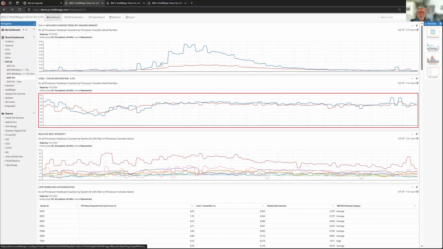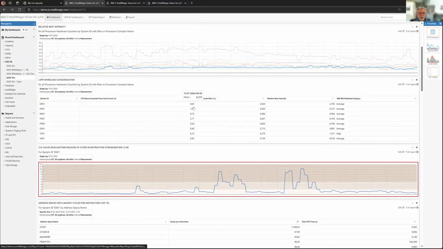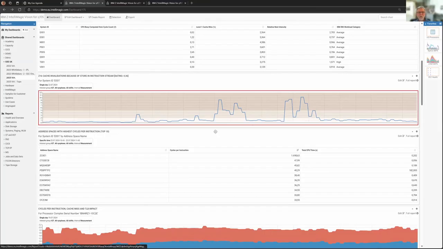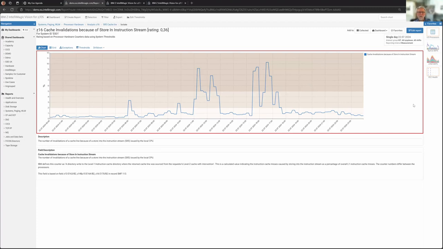Okay, thank you, Jeff. What I'm looking at here is a web browser view of the data, which is stored in a database processed by IntelliMagic Vision. I've created my own dashboard with some information here. What I'd like to show you is the cache invalidations based on stored instruction stream, because this is, as I said, something very interesting.